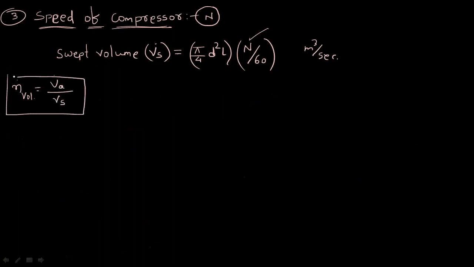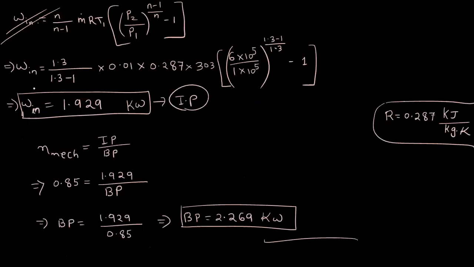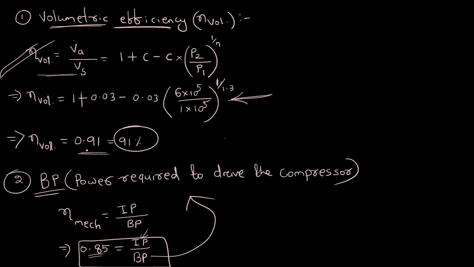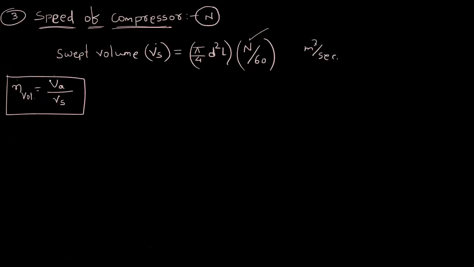We know the volumetric efficiency is 0.91, already obtained. VS we have to calculate. Our only aim is to calculate the volume of air that enters the cylinder. If we can calculate this, we can calculate VS, and once we have VS from this formula, we can calculate N. So our only aim is to calculate this volume flow rate of air.